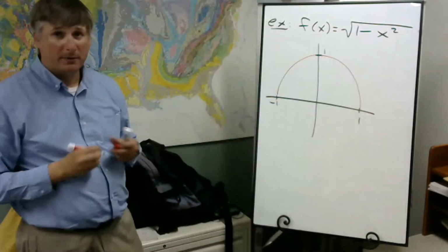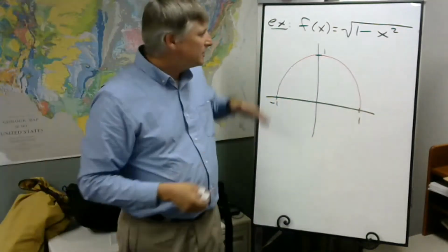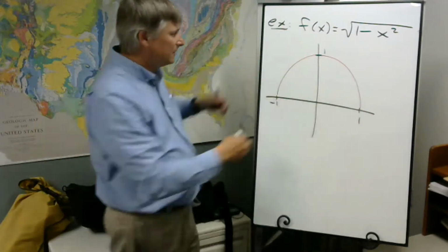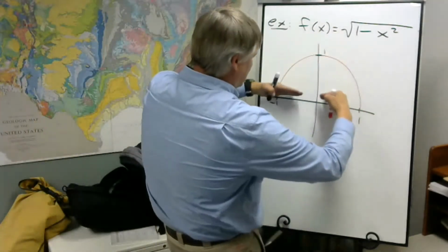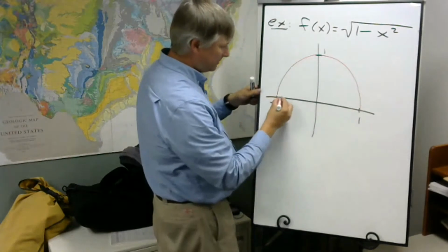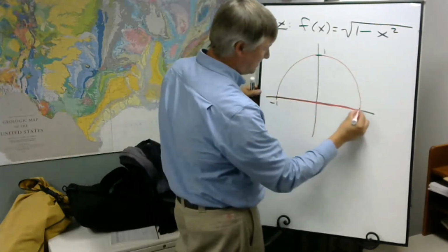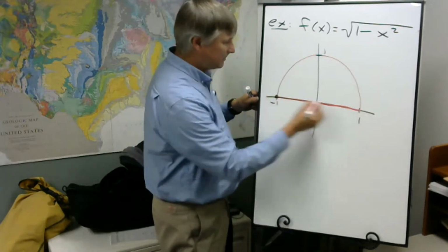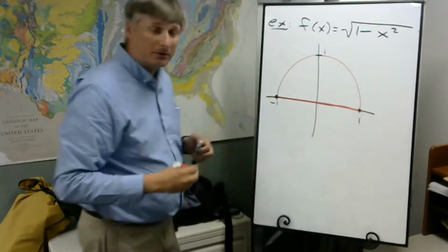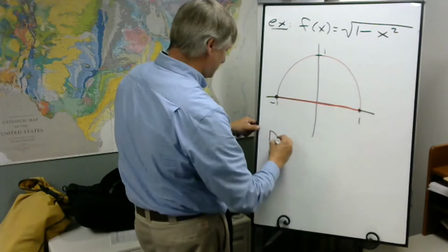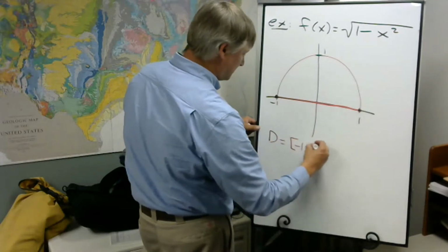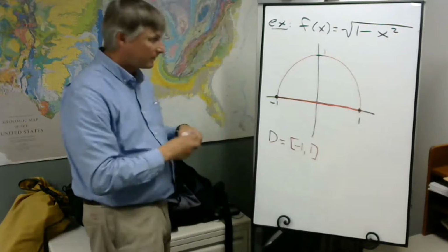So let's say we want to find the domain. Well, the domain is going to be the shadow of the circle on the x-axis. So as it casts its shadow downward, it's going to be this. That's going to be your domain. And it actually includes, they put some points here to include -1 and 1. The domain is [-1, 1].